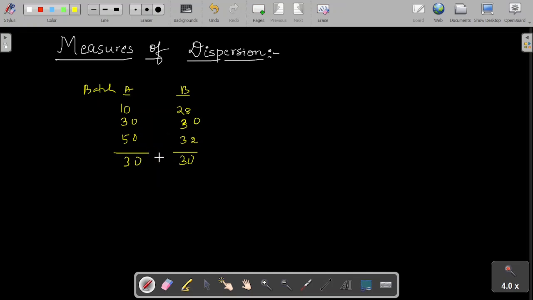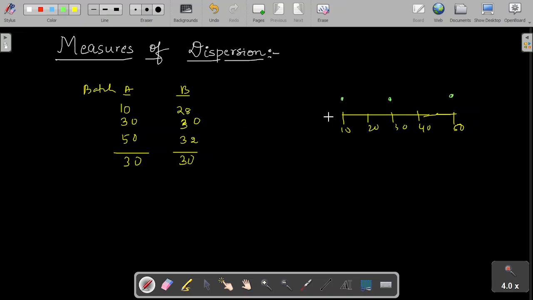Now you have to know how the data points are spread with respect to the mean or the central value. That is important. That means how the data is scattered. In the first case, if 30 is the average, here you have 10, 20, 30, 40 and 50. In the first case, 30 is the average and the first data point is 10 and here it is 50.